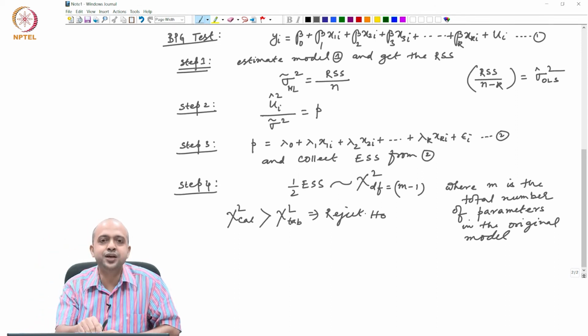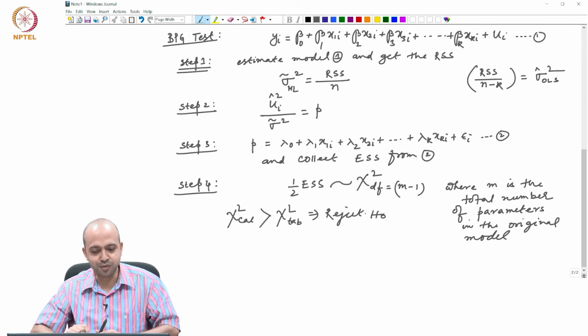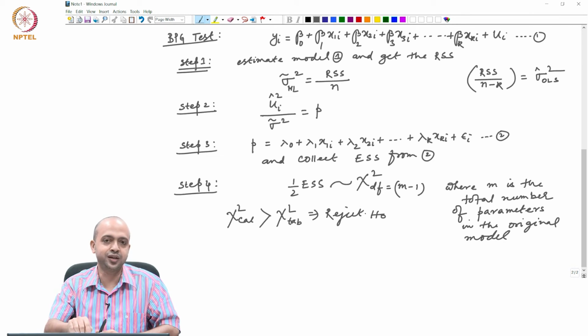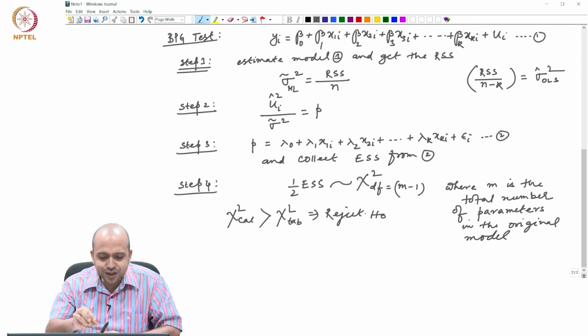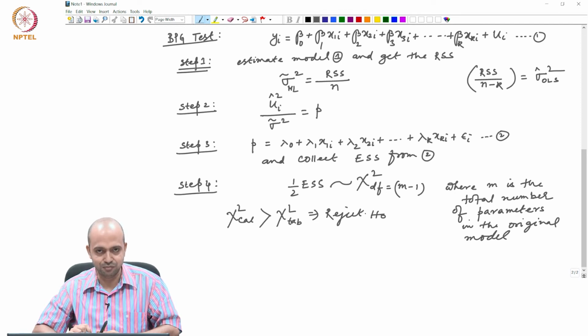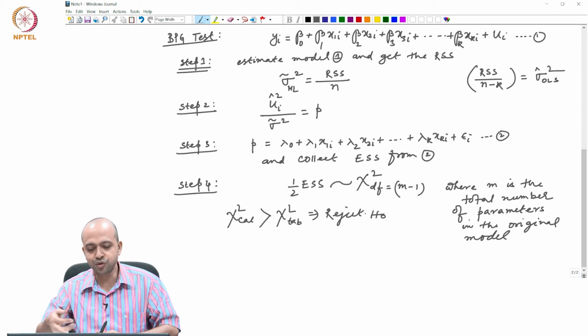Then we are adjusting our ui hat square by this newly estimated sigma tilde square and defining that as p. Okay. So, if at all this adjusted error term has something to do with your explanatory variable, then obviously this p defined in this way should be explained by this parameter.